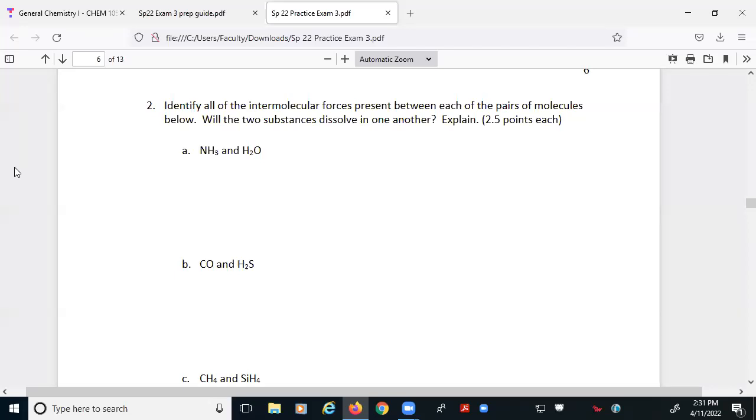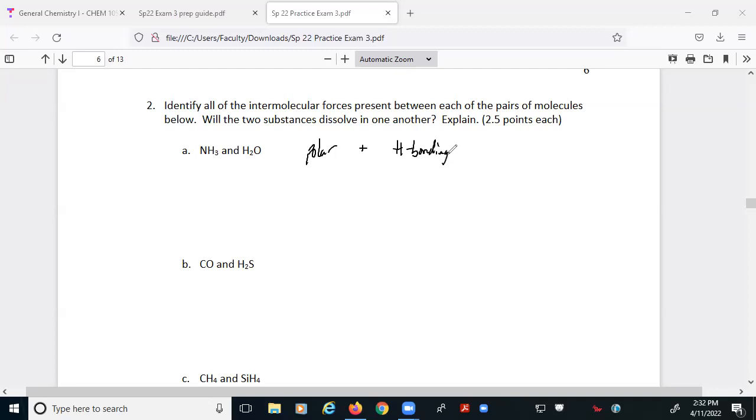So, for example, letter A, we've worked with ammonia and water enough that you should recognize probably close to immediately that both of these are polar and they both have hydrogen bonding.